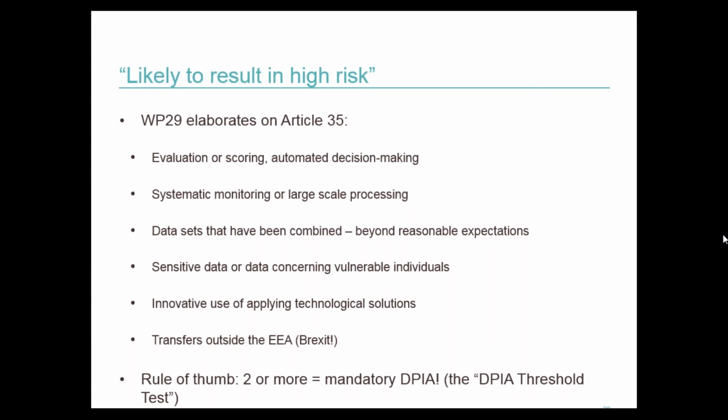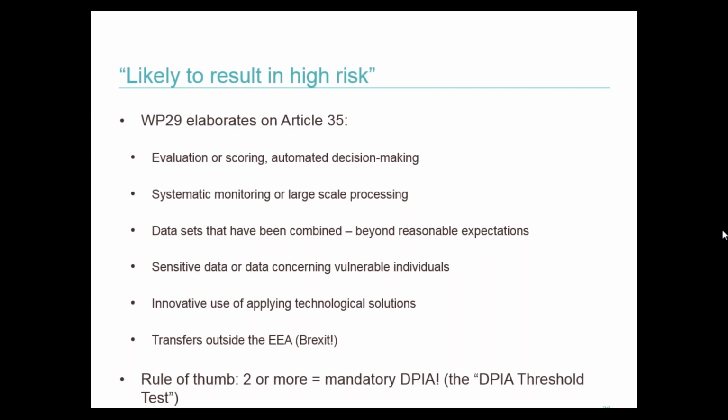So in this, we could be talking about evaluating someone's performance as an employee, assessing them on an annual basis against some defined category. But it can also mean building marketing profiles based on website use. And so you can see this is actually quite a low threshold.